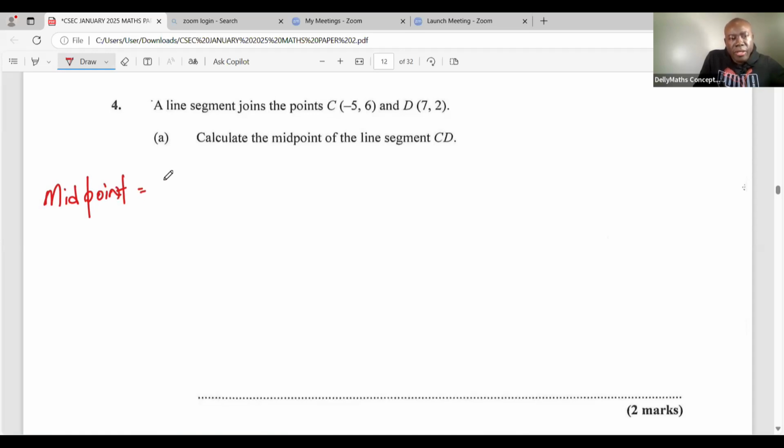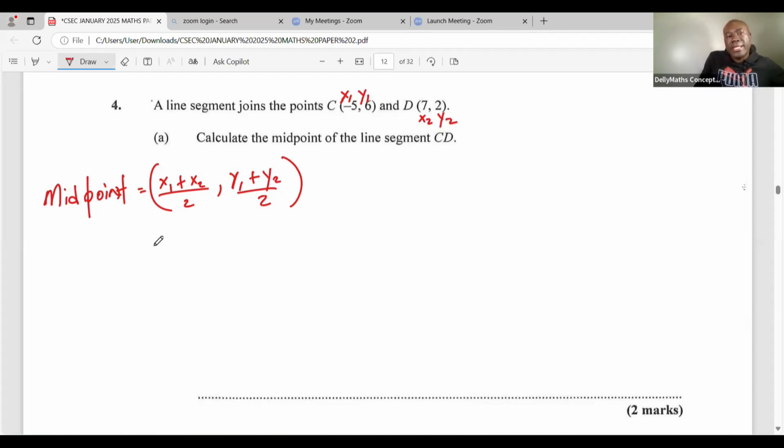says that (x1 plus x2) divided by 2, then (y1 plus y2) divided by 2. This will give us our coordinate. So what we're going to do is quickly label the points. For example, this is x1, this is y1, this is x2, and this is y2.